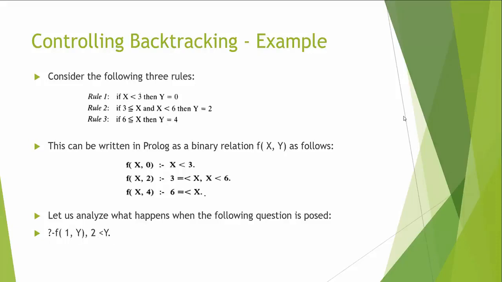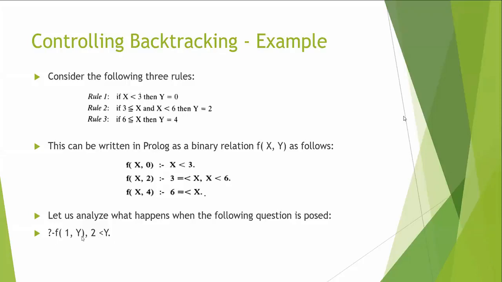Now see, what will happen? Why have I shown you this example? The rules written over here are mutually exclusive conditions, right? If one condition is satisfied, then there is no point in checking the other two conditions, right? But what will Prolog do?